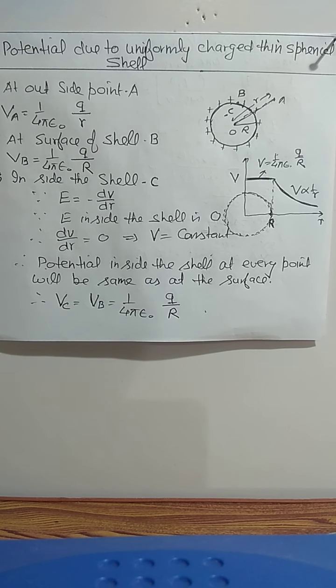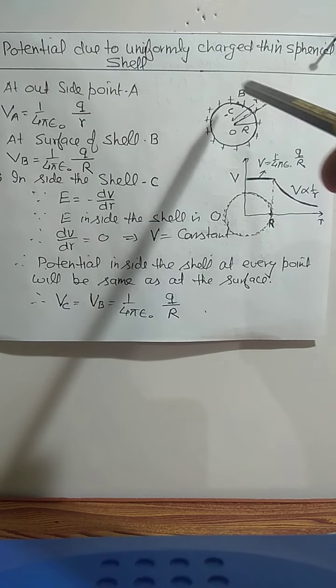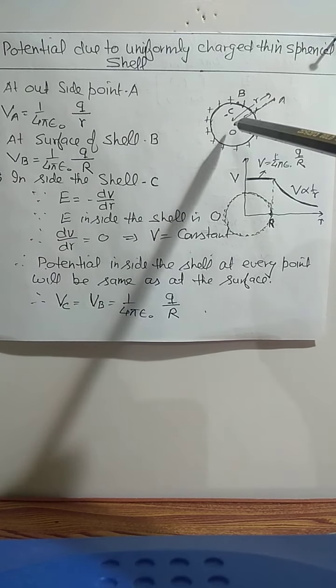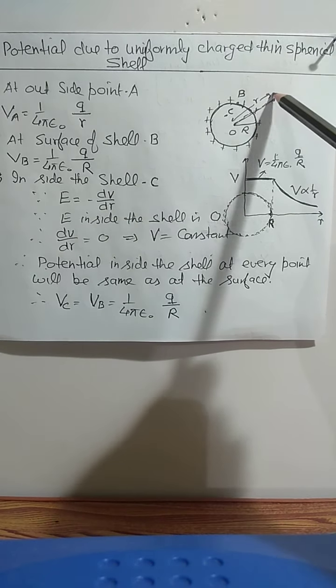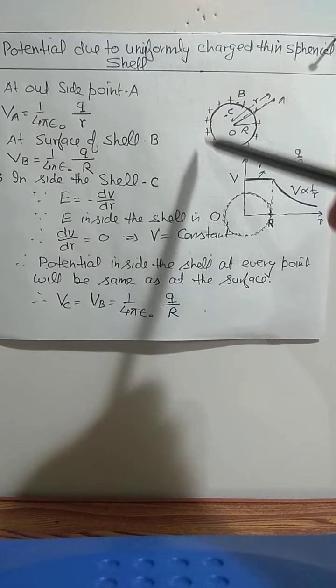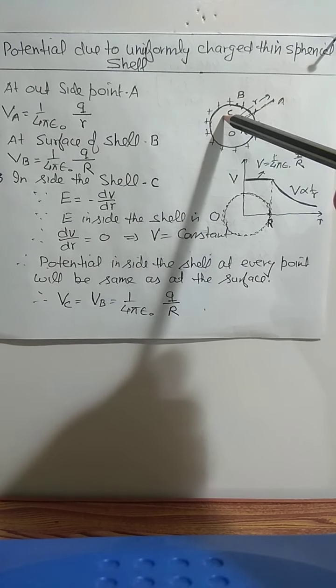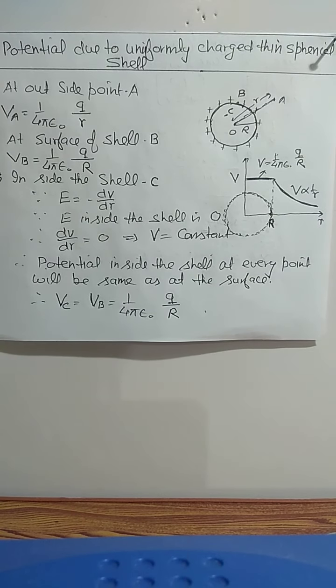Students, now I'm going to discuss the potential due to a uniformly charged thin spherical shell. This is a spherical shell of radius capital R and it is uniformly charged with charge plus Q. Three conditions are there. Outside the shell, point A, at the surface of the shell, point B, and inside the shell, point C. Clear?